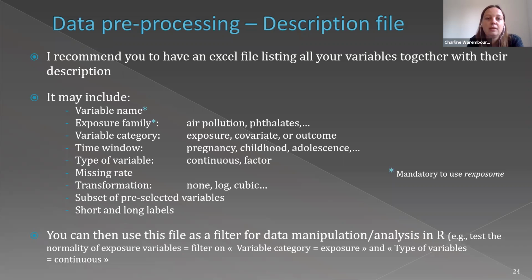So, for example, in this file, we can have obviously the name of the variable, to which family it is related, if it's an exposure, covariates or an outcome, the time window, the type of variable, if continuous or factors, the missing rate, the transformation we used, a subset of pre-selected variables, and also a column to define some labels that you can then use in the plot.